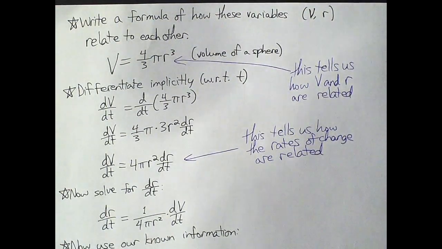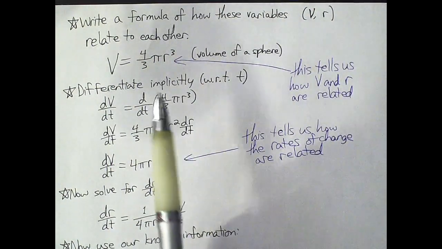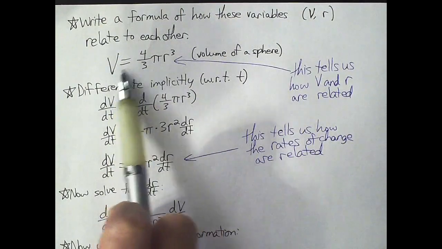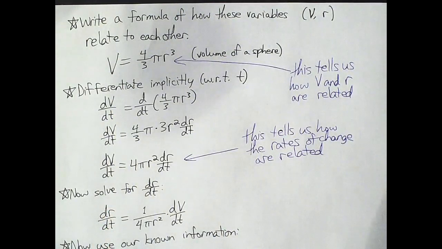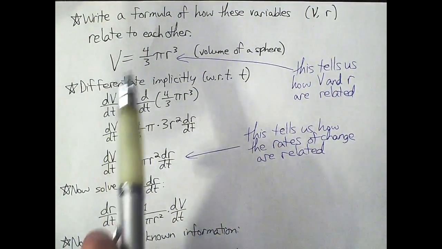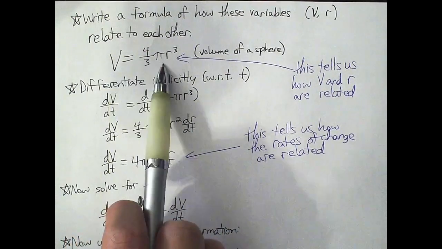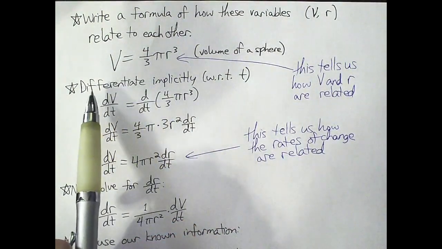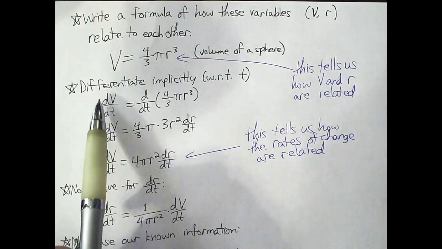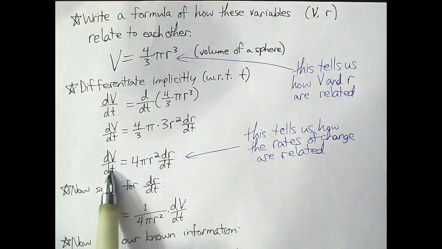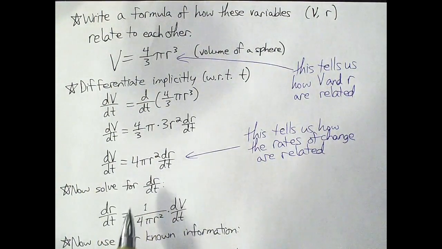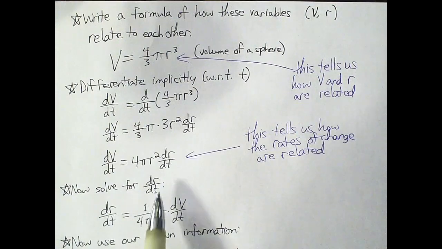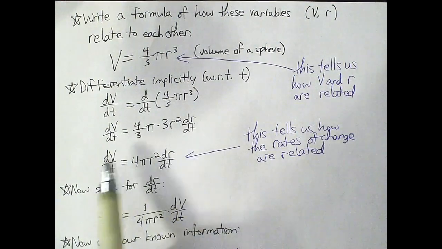I think the next problem is going to have a circle. So whatever shape you're dealing with might have a formula associated with it. Rectangles, triangles, spheres, circles, whatever. This is the formula for this problem. And then we did d dt of both sides. Got to here. And then we solved for the unknown rate of change. And you have to figure out which one you're solving for.